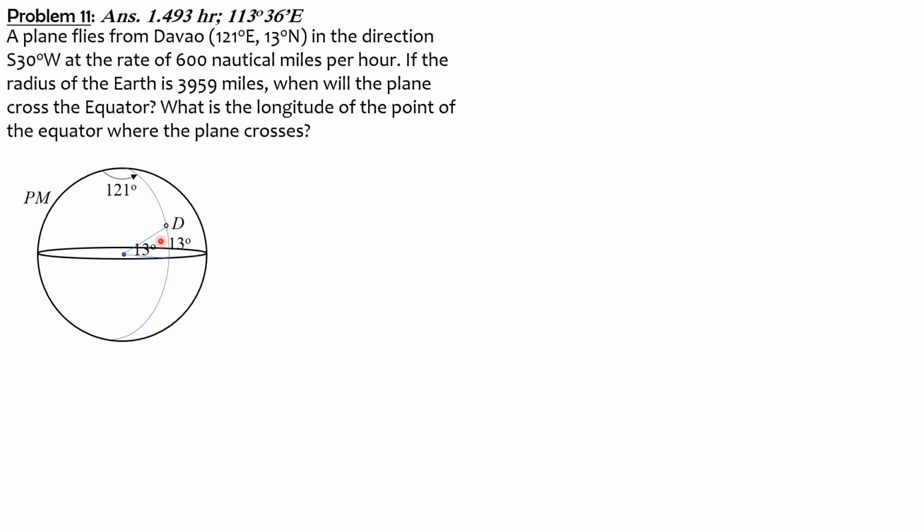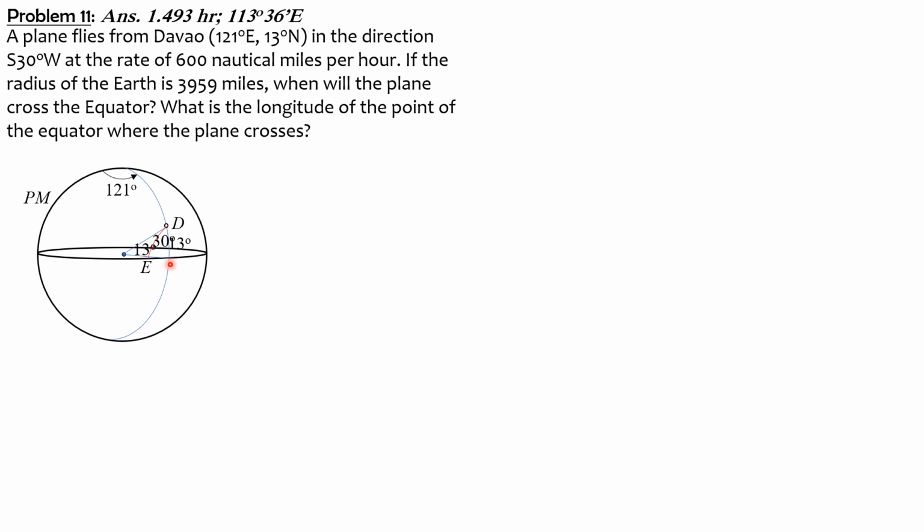And this is the direction of the plane, the red side of the great circle, and it crosses the equator. This angle is 30 degrees. So angle D, capital D, is 30 degrees. And let's call this point E on the equator, the cross-section of the equator.